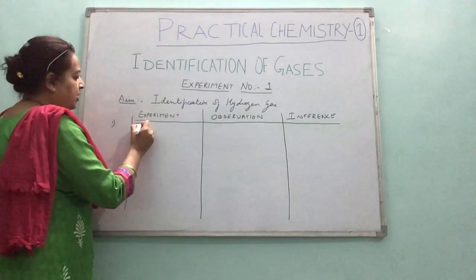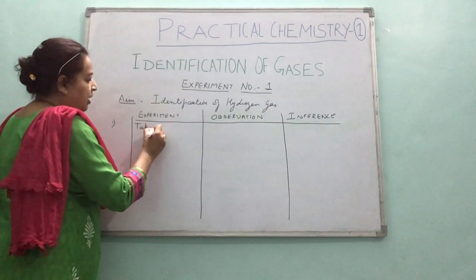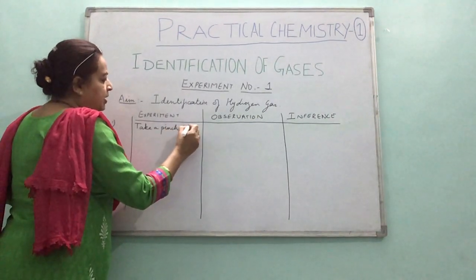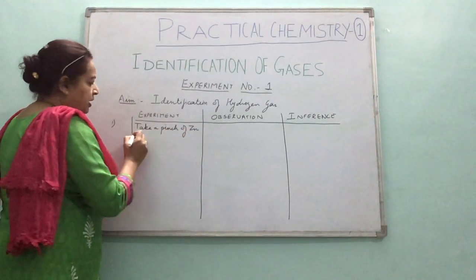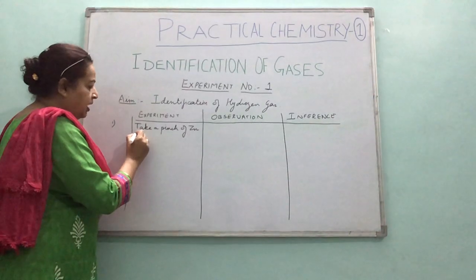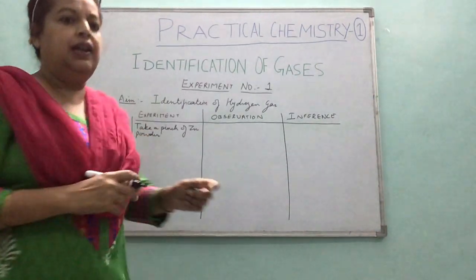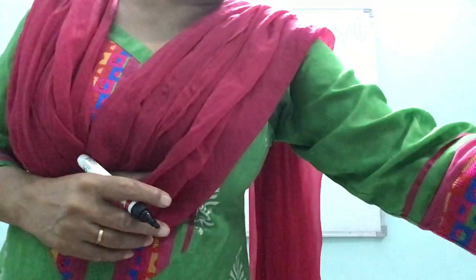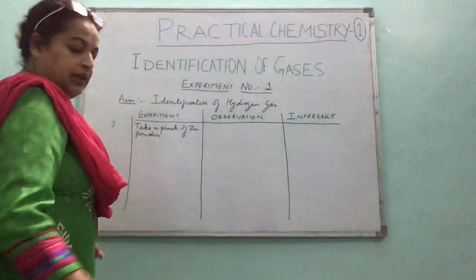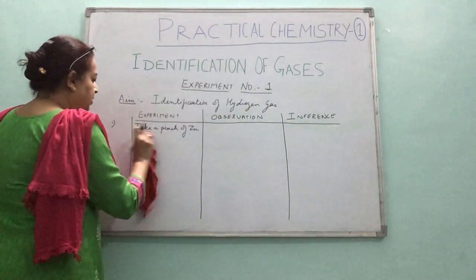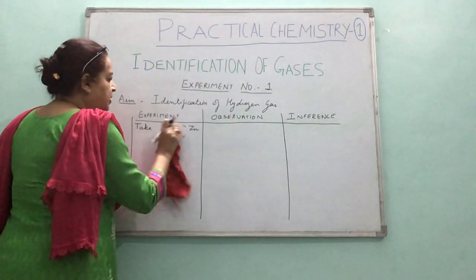I'll take a pinch or small quantity of zinc granules, or zinc powder. I'll see if I have, okay, I'll just rub it. Instead of powder, I have got granules, so I'll rub it.